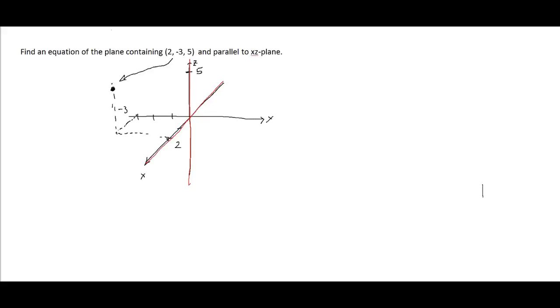So if this is parallel to that, then the x and z values are going to be anything, except for the fact that the y value needs to be fixed at exactly negative 3. So the equation of such a plane is going to be given by y equals negative 3.